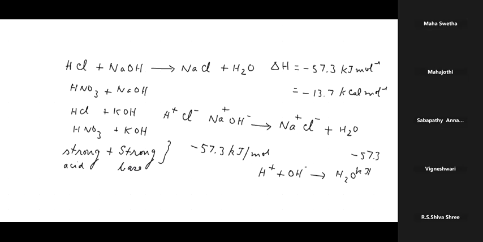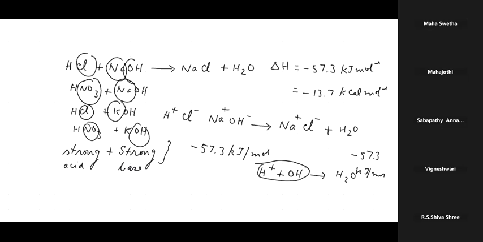Therefore, irrespective of the other ion which is present in the system, whether it is sodium or potassium or chlorine or nitrate ion, whatever it may be, the neutralization is merely the combination of H plus and OH minus ion to form water. And the enthalpy change accompanying this process is minus 57.3 kilojoule per mole.